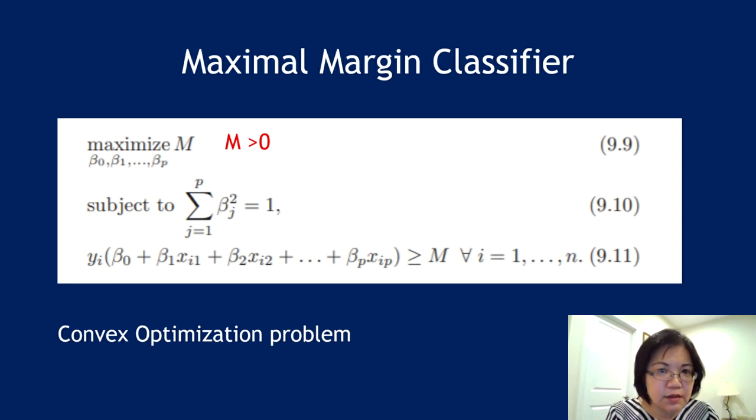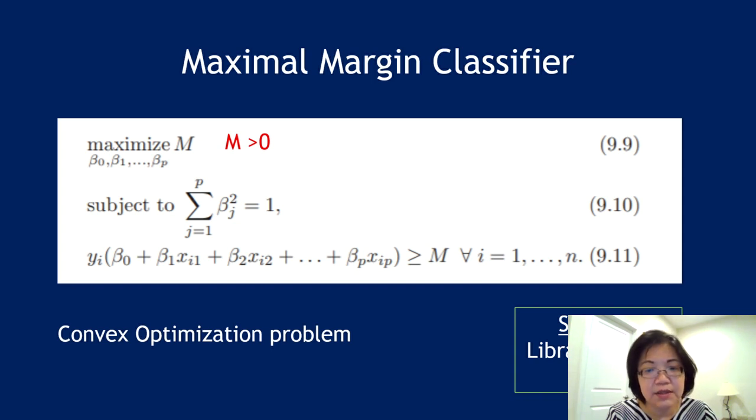This equation is what we call a hyperplane. And to solve for this equation, we construct this algorithm as a convex optimization problem subject to a bunch of constraints. The solution has been implemented as library e1071 using the SVM function.